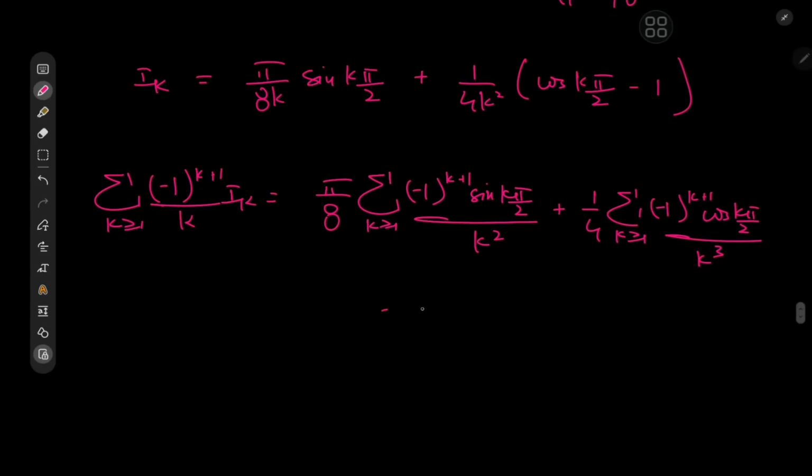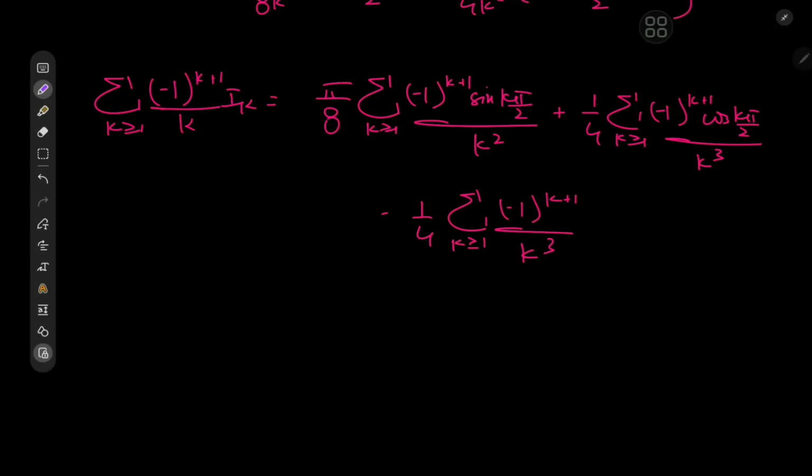And we have a minus sign, a quarter, sum over k of negative 1 to the k plus 1 divided by k cubed. Okay, cool.